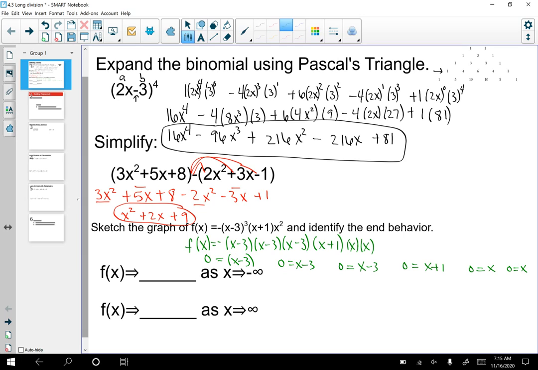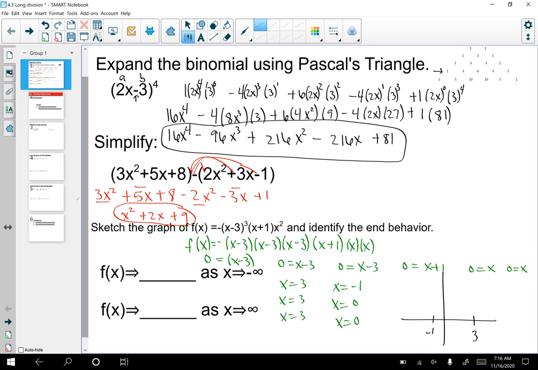So now we have x equals 3, x equals 3, x equals 3, 3 times, notice, because that was a cubed function. Here we have x equals negative 1, and then x equals 0, x equals 0. So if I need to sketch this graph, I have stuff happening at negative 1, 0, and then 3.